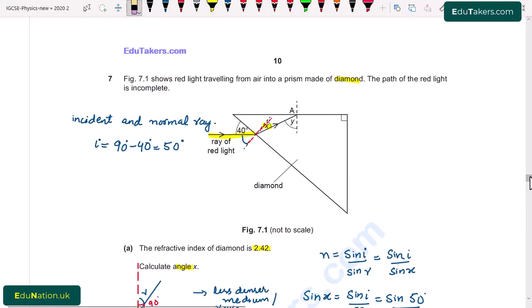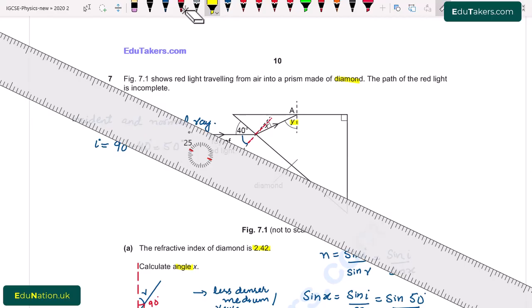So, you can see that it is the angle y, and as the angle y is greater than critical angle, the ray here will be totally reflected, and the reflection must be in this sense.